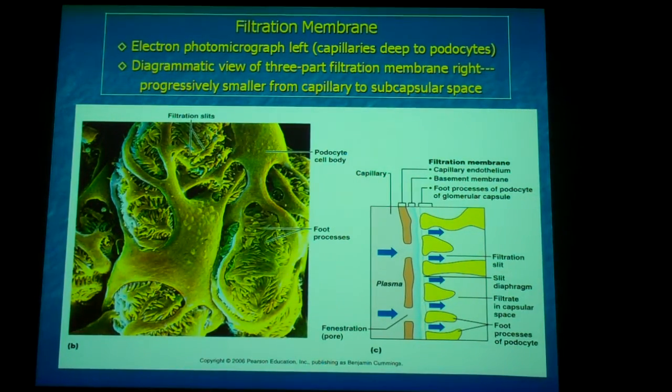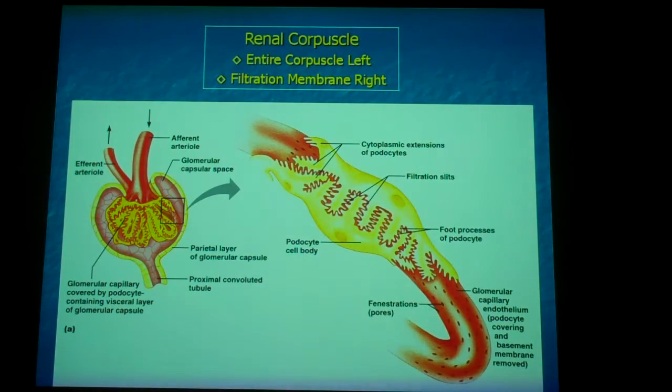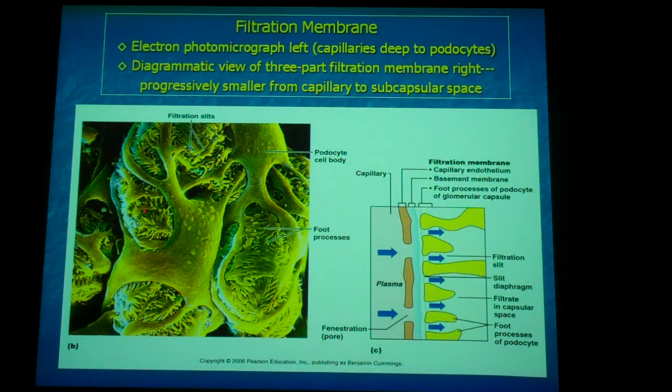So here is an electron photomicrograph of this right here. You see here, this is the visceral epithelium with its podocytes and little foot extensions. You see the little extensions here, little foot processes.